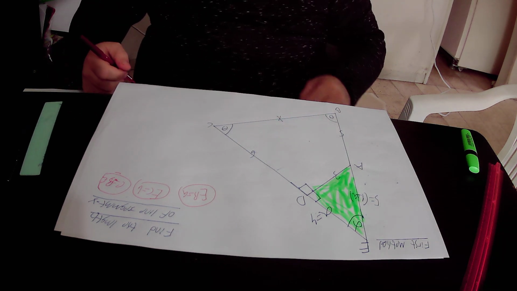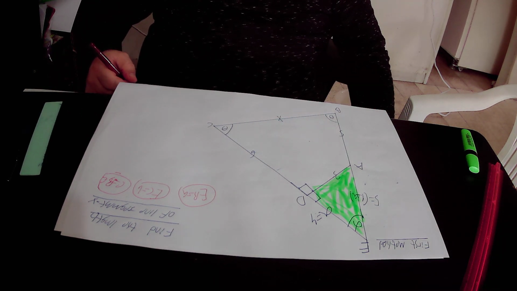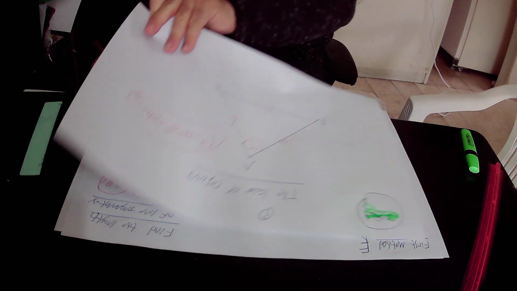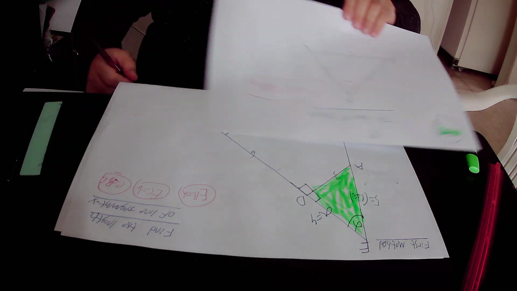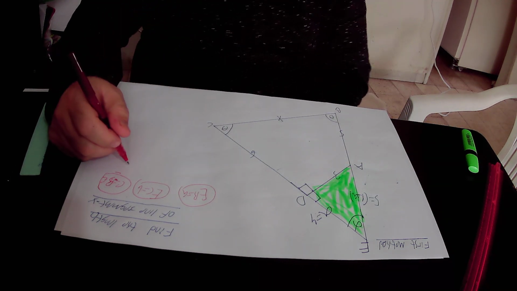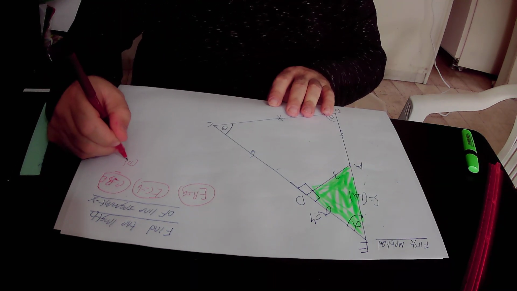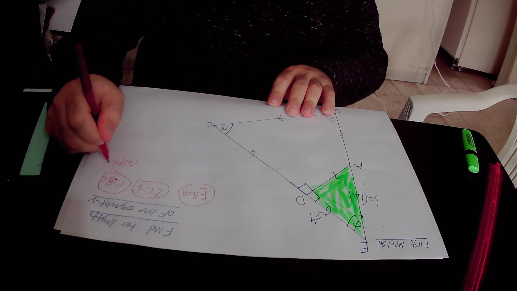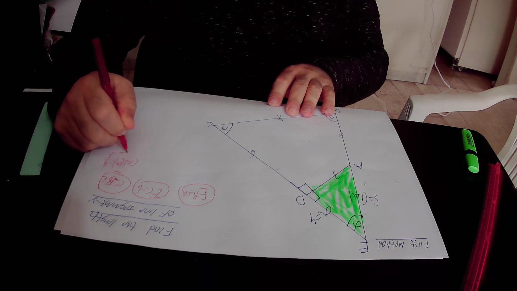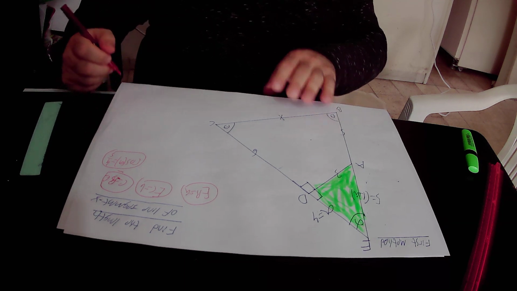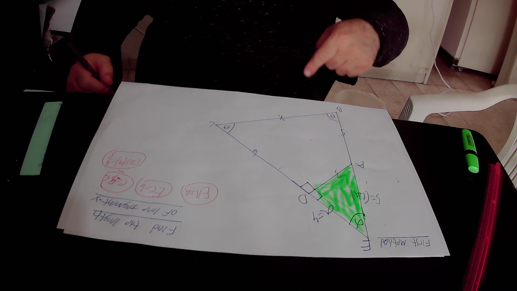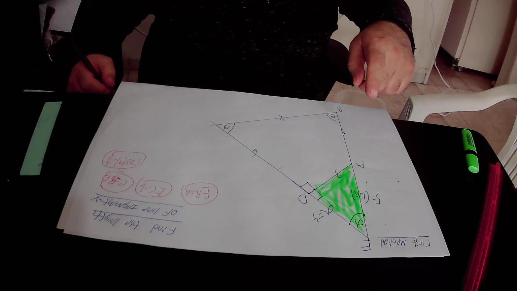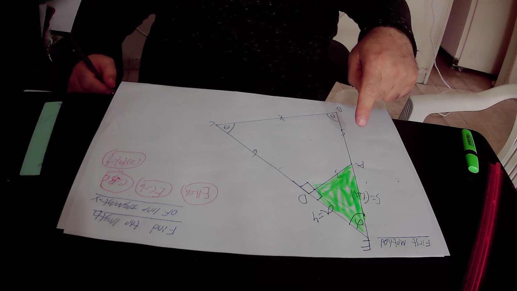And we have already found out that cosine alpha equals 4 over 5, so we can write here that cosine alpha equals 4 over 5. So EB equals a, but EB is also equal to 5 plus 5, that is 10.